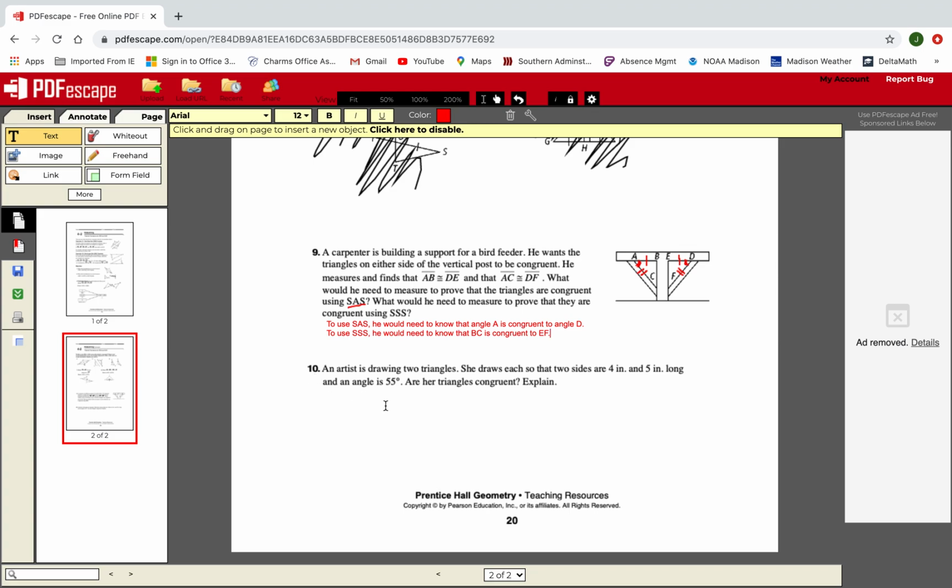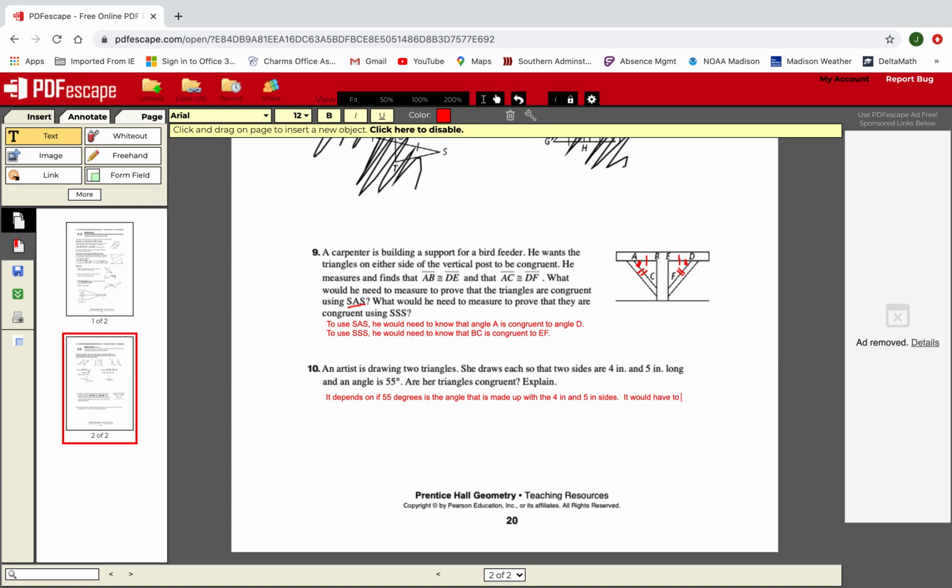Number 10 says an artist is drawing 2 triangles. She draws each so that the sides are 4 and 5 and an angle is 55. Are her triangles congruent? Well, it depends on if that's the included angle. It depends on if 55 degrees is the angle made by the 4-inch and 5-inch sides.